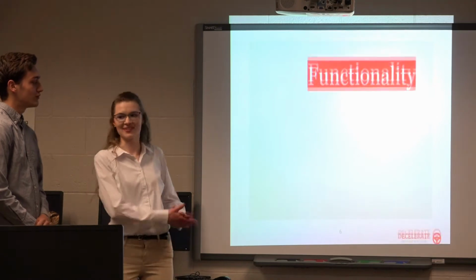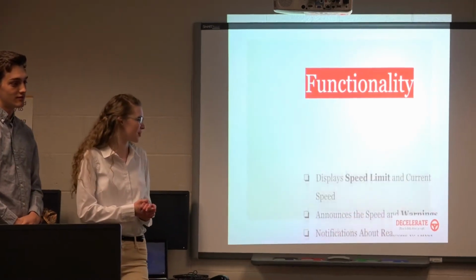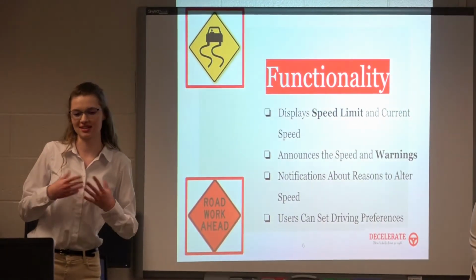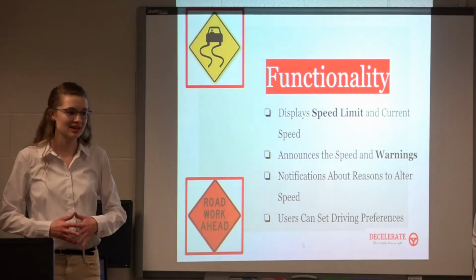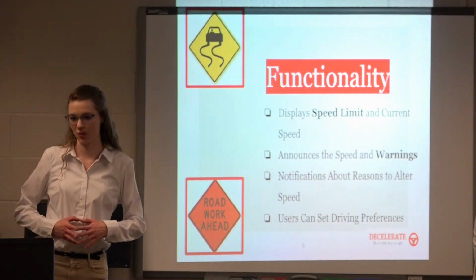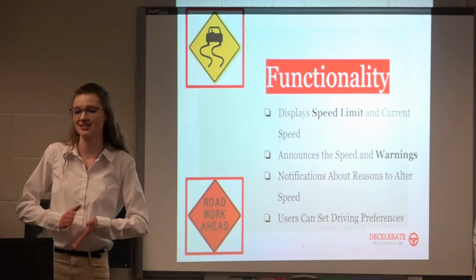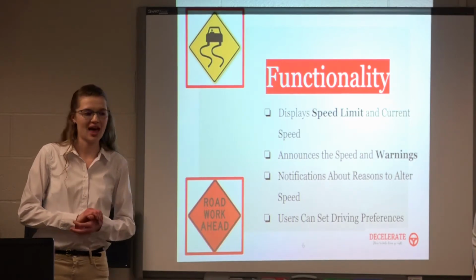Now, the ideal functionality for our app: it would display both the current speed limit in the area the driver is in, as well as the speed the driver is going. It would keep both of those in one place so drivers can see them, preferably mounted in a car, hands-free.